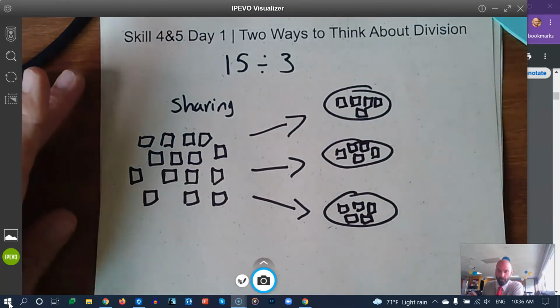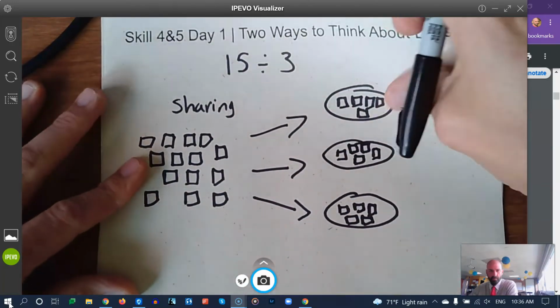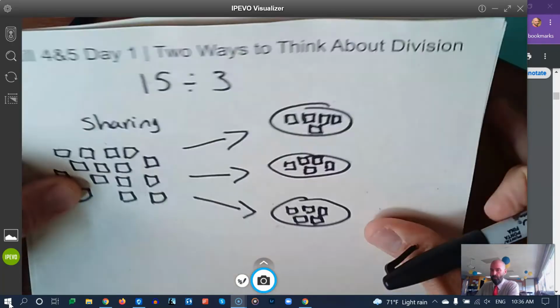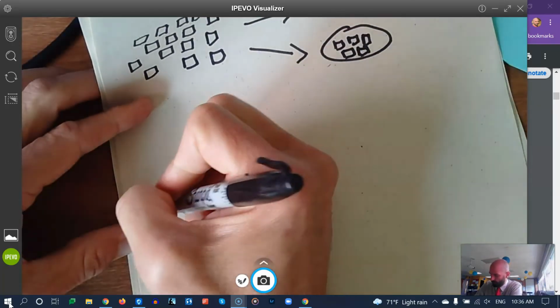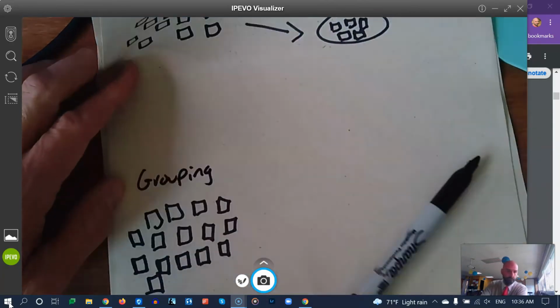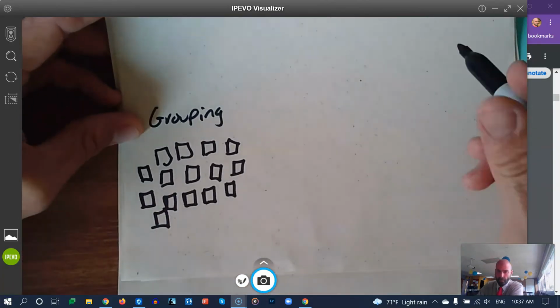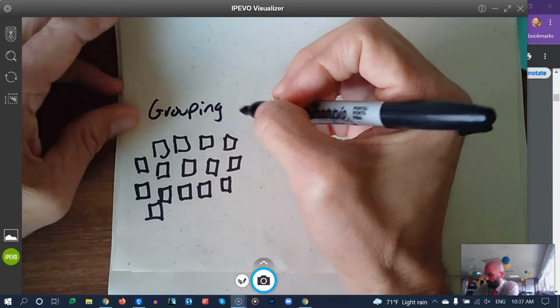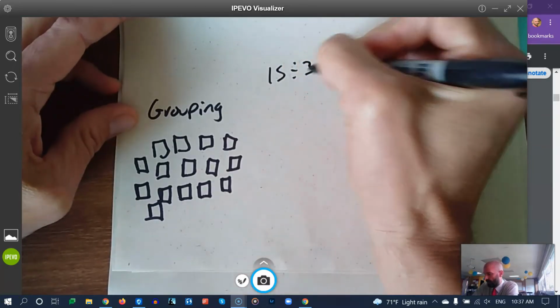Now there's one other way that we can think about it, and maybe you came up with this and maybe you didn't. Maybe you didn't come up with this one, but you came up with the other one. And it's the idea of grouping. So this one, what I'm going to do is I want groups of 3, because this is still 15 divided by 3.